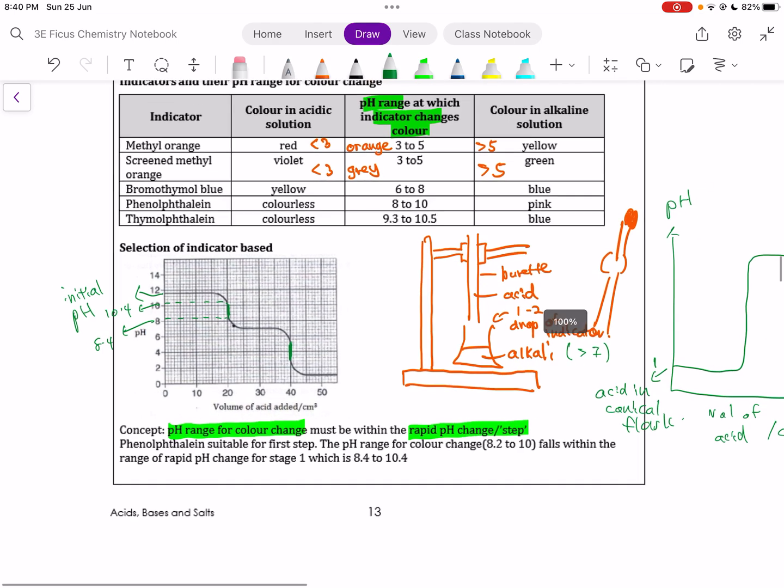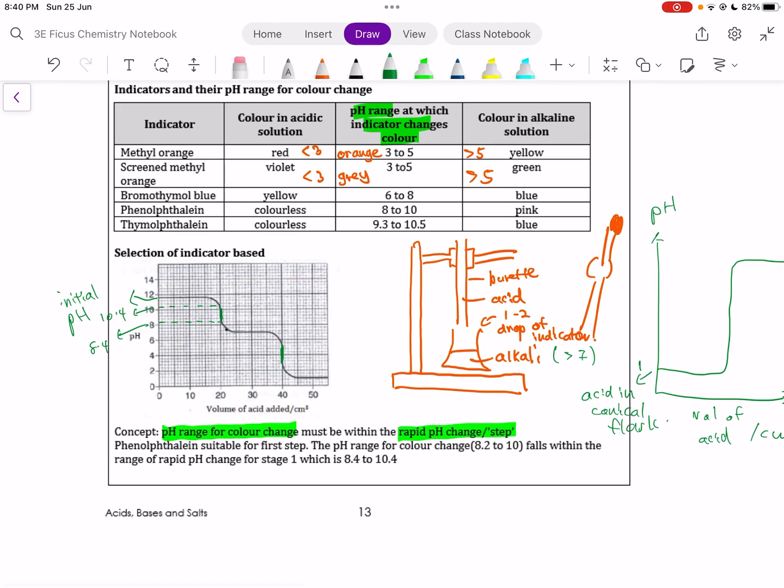The second rapid change here will be around, just roughly, 5.6 to 2.4. So there are two rapid pH changes.